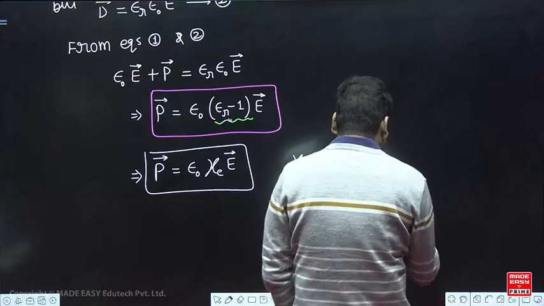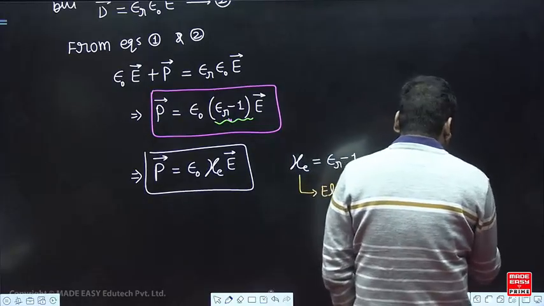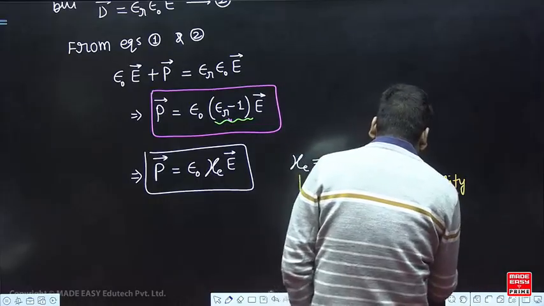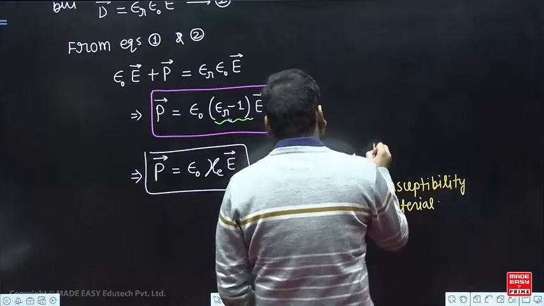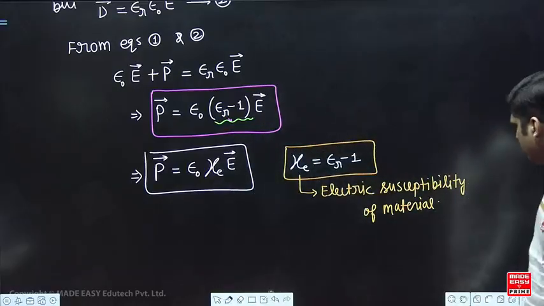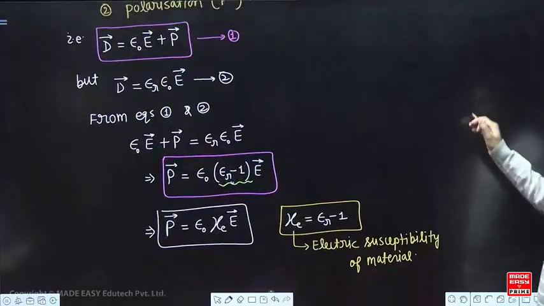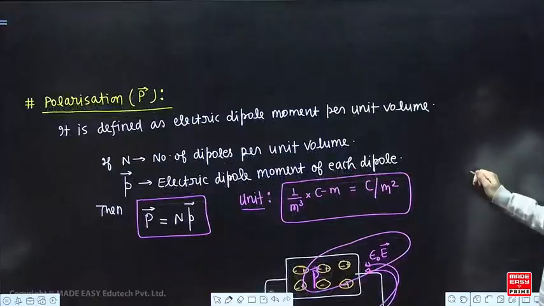It tells us the ability of material to get polarized. This is all about the polarization and electric susceptibility, or polarization and dielectric constant relationship. Please note down.